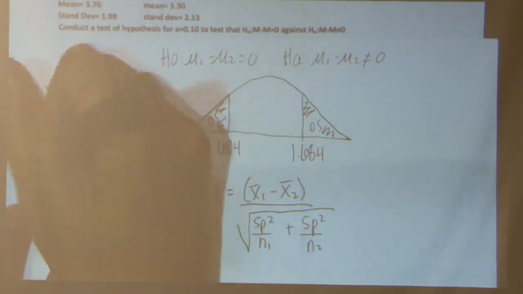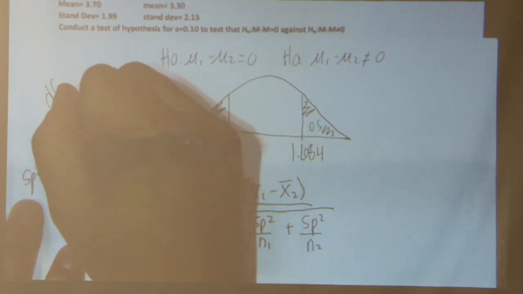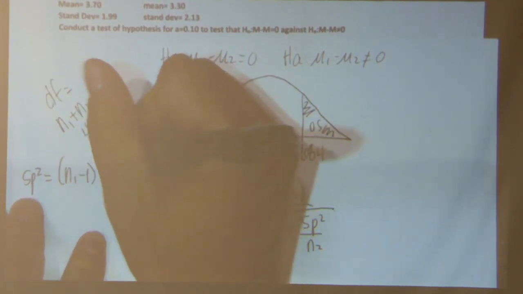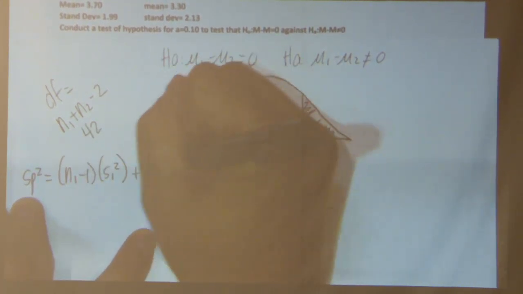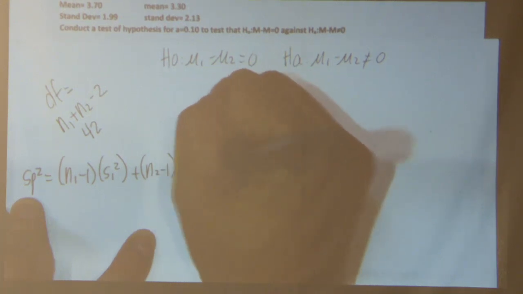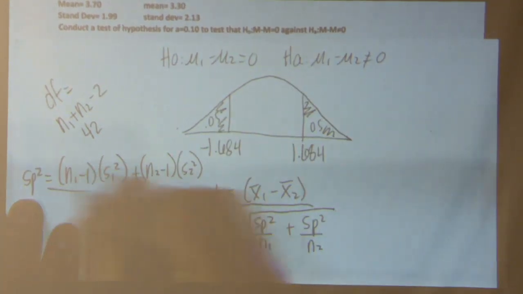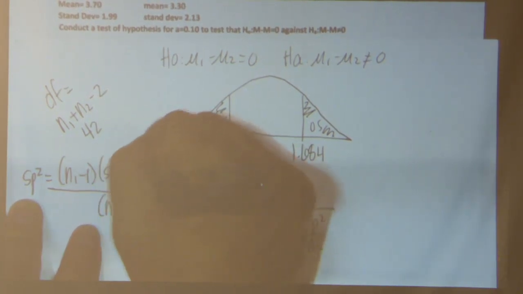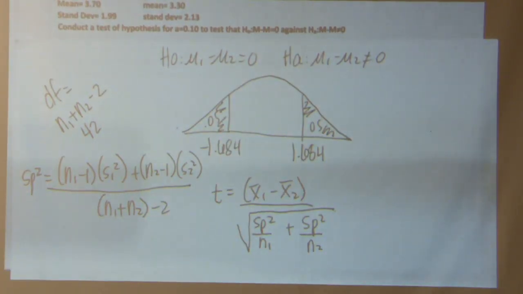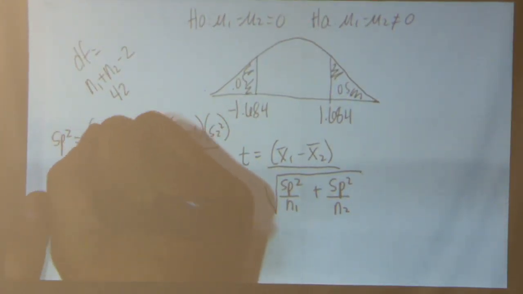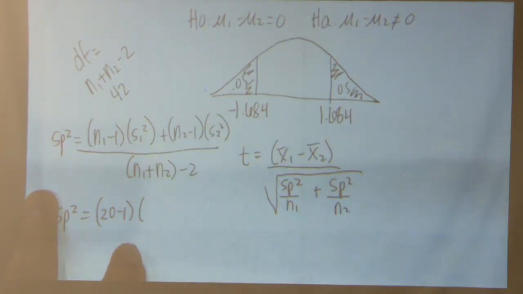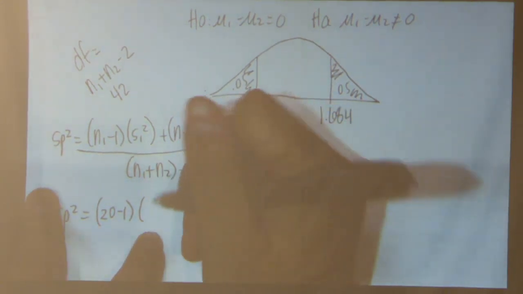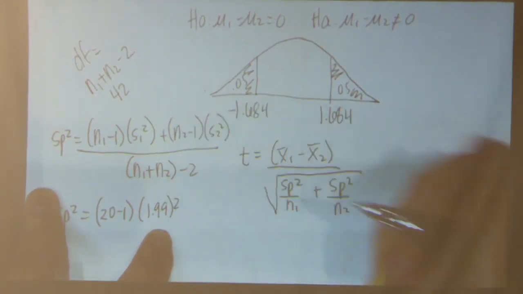So the formula for solving for that is going to be n1 minus 1 times its standard deviation squared, added to the second n value minus 1 times its standard deviation squared, all over n1 plus n2 minus 2. So for our case, our first n1 value is going to be 20 minus 1 times the first standard deviation, 1.99 squared.